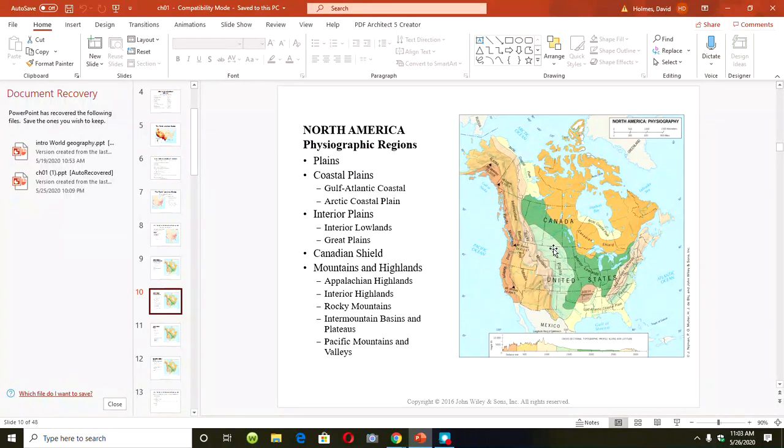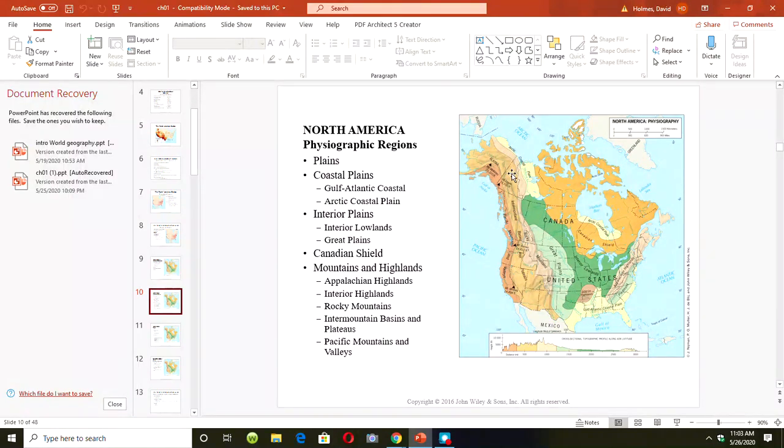We have various mountain ranges, the Pacific Mountains, which go from Southern California all the way up to Alaska and into Canada. Of course, we have the Rockies as well, which are mainly American, but they also go up into Canada a little bit.